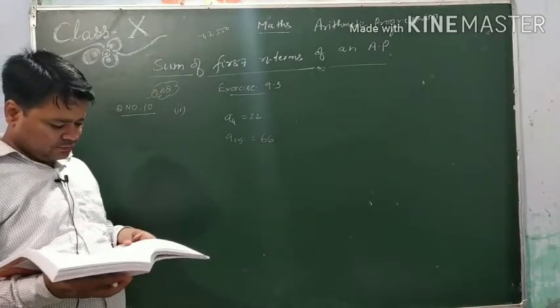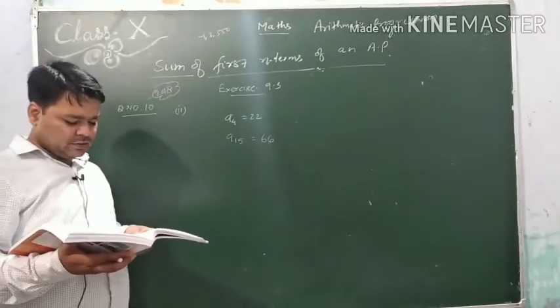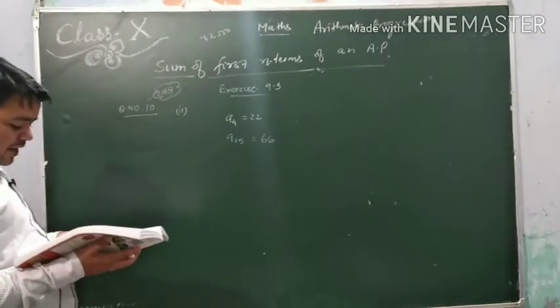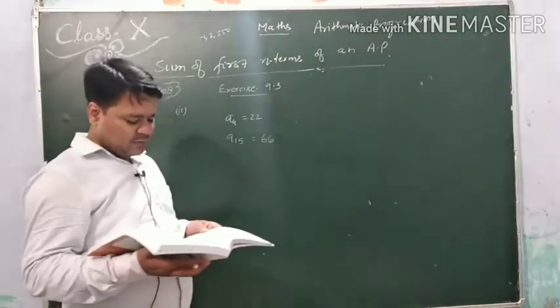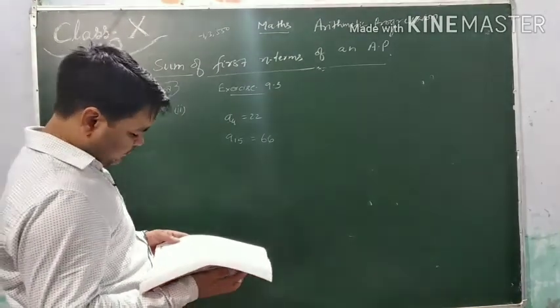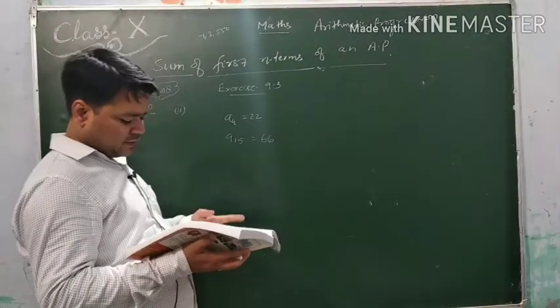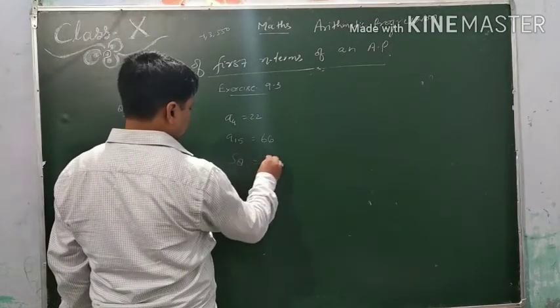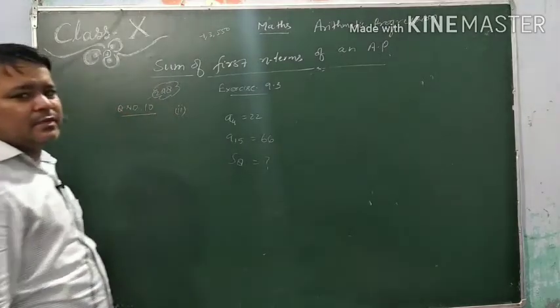We have to find the first term and the common difference, and hence find the sum of the first 8 terms of the AP, which means we have to find S8 also.